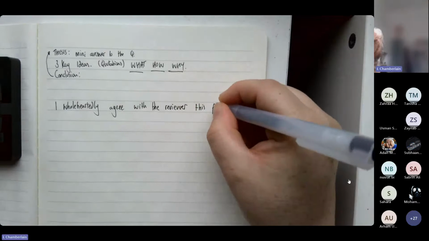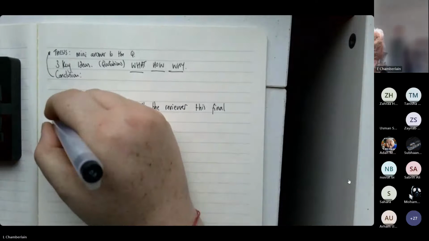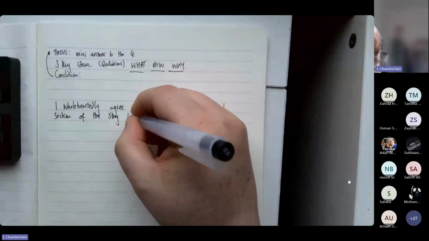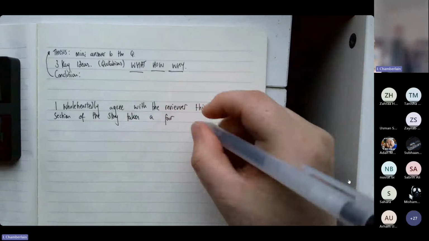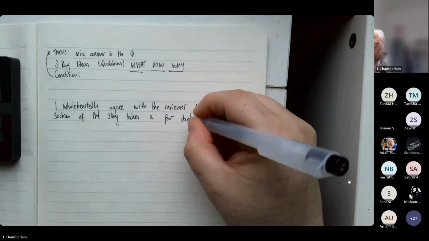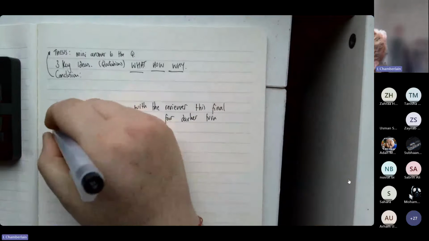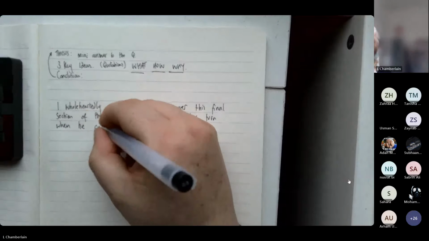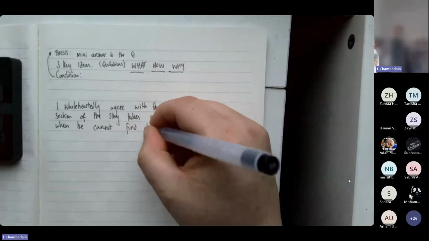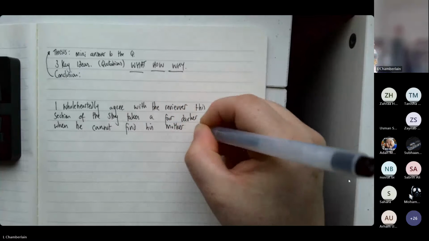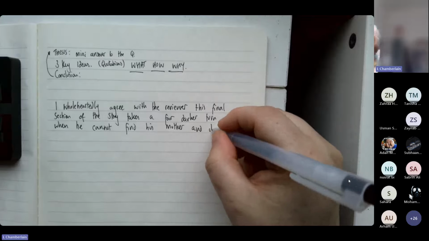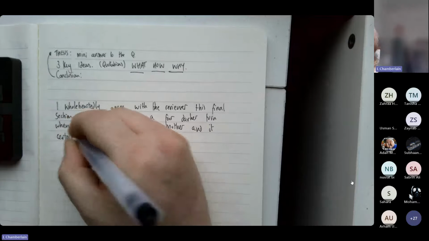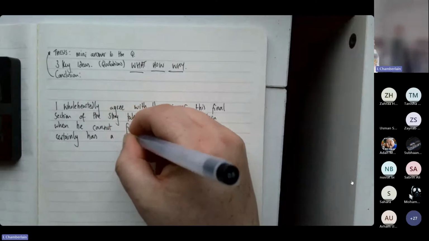This final section of the story takes a far darker turn when he cannot find his mother, and it certainly has a chilling tone.